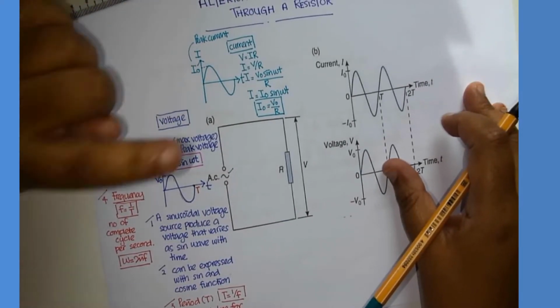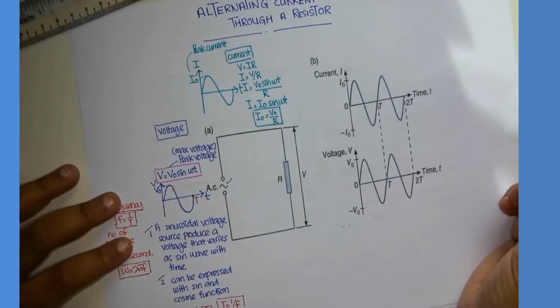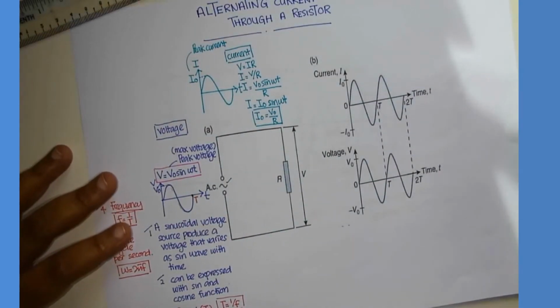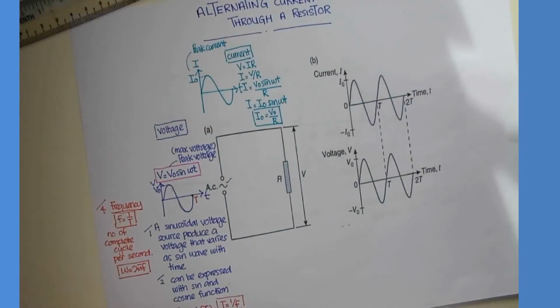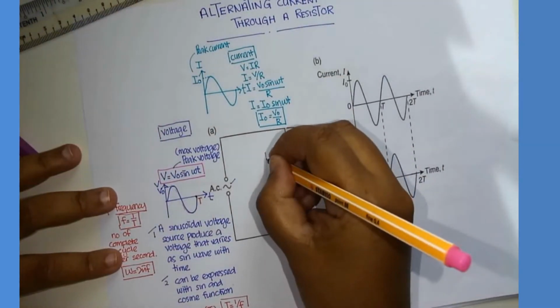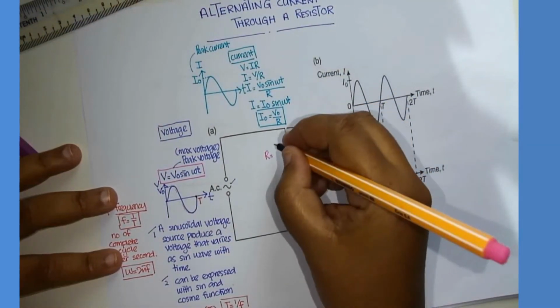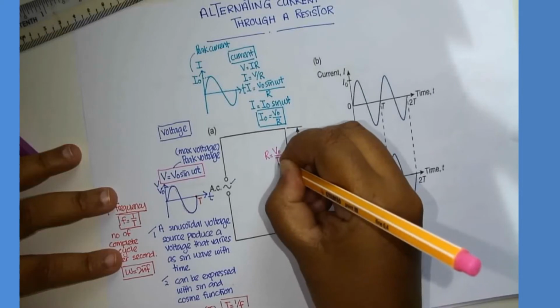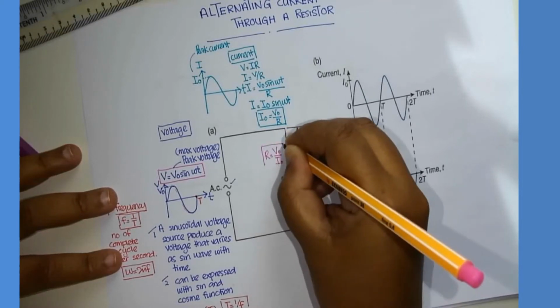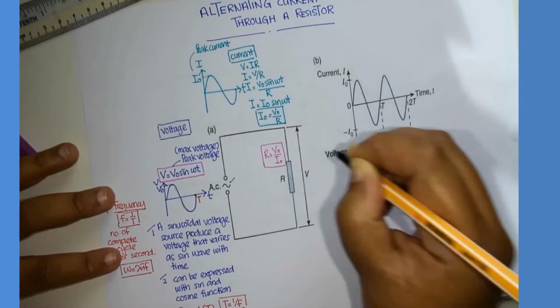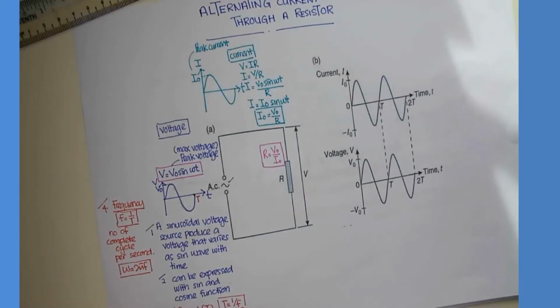One thing we can know here is how to find the resistance: R equals V naught over I naught. How do I get that?